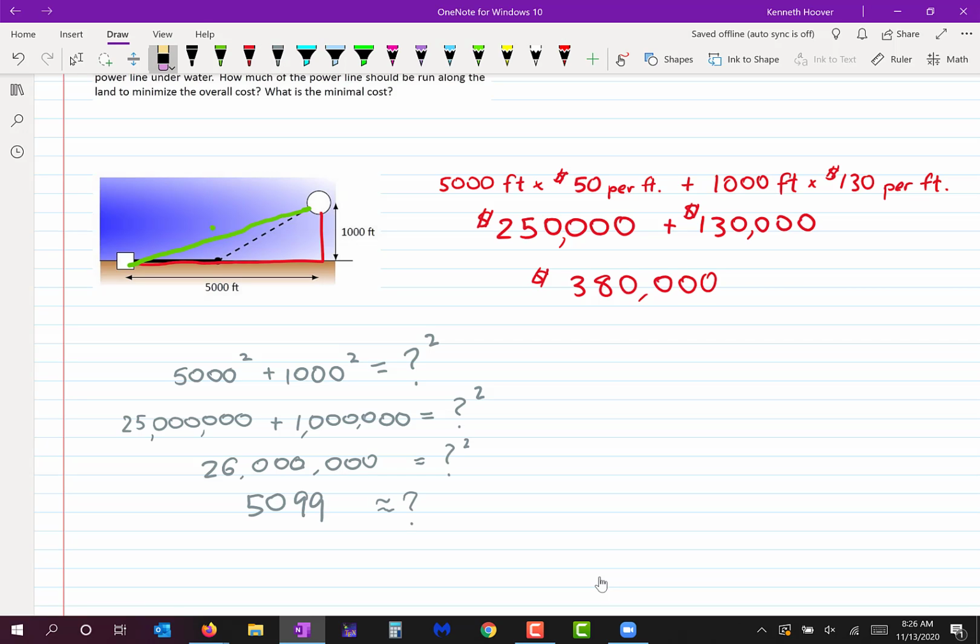Okay, so this person who's coming along and saying this is much shorter, so let's do it like that. Okay, let's see how much that would cost. So when this person comes along, we're now going to do 5,099 feet times, well, that would all be underwater, right? So that would be times $130 per foot.